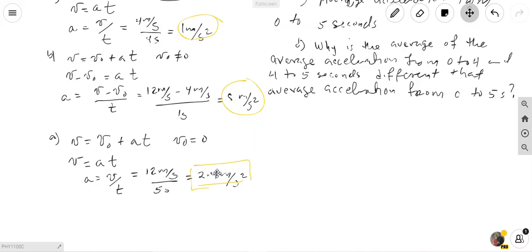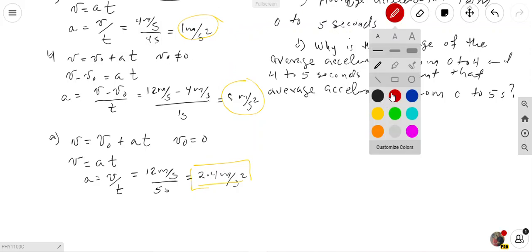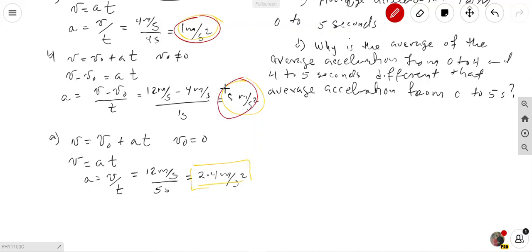So we got as average acceleration from 0 to 5, 2.4 meters per second squared. So keep in mind that if you have to find the average acceleration from 0 to 5 in a problem like this one, you cannot find the average between the two accelerations in the intervals from 0 to 4 and from 4 to 5. You cannot do it that way. You must find the acceleration for that new interval that goes from 0 to 5 seconds.